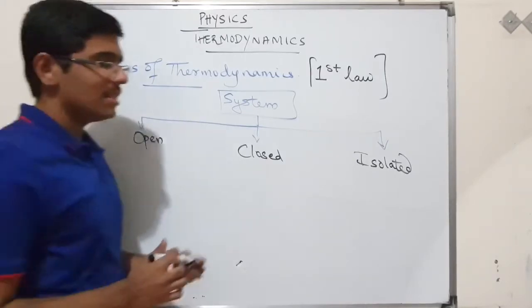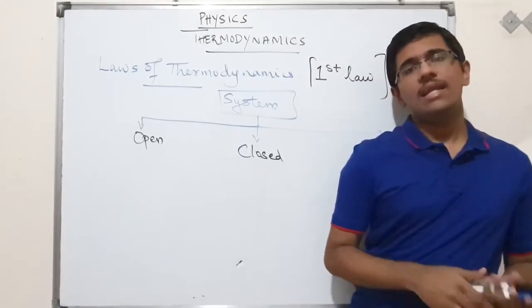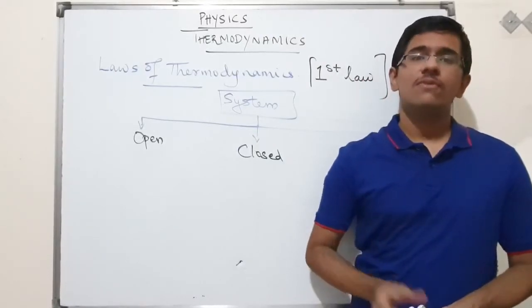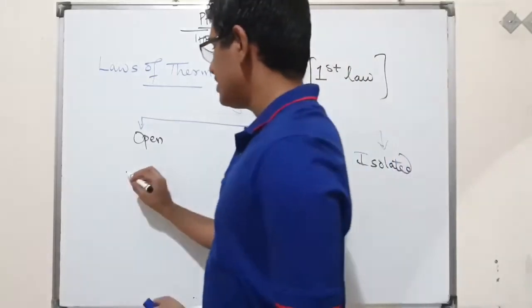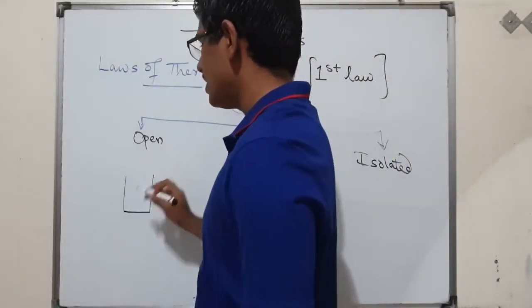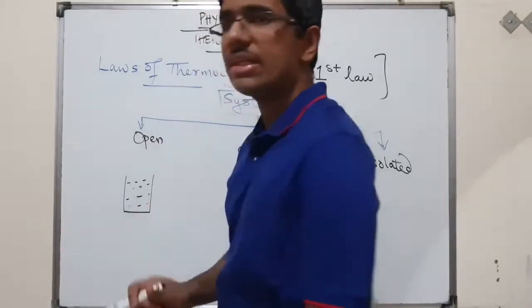Open system. To understand these three terms in simple language, I would like to explain to you an experiment of boiling tea. Imagine I am having tea kept in a glass. Imagine this is a steel glass having hot tea.